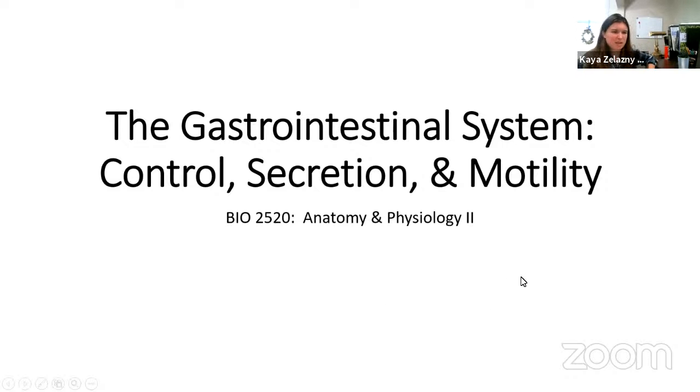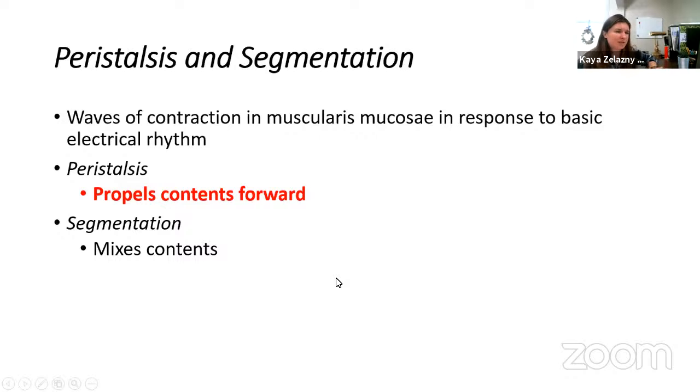I did say I want you to know basically two words that we hadn't gotten to in the GI system. Those are segmentation and peristalsis, because we're going to see the word peristalsis again as we move into the reproductive system. So it's not helpful to us to move forward if we haven't learned this word yet. Peristalsis is just movement in muscle, waves of contraction that move something forward.